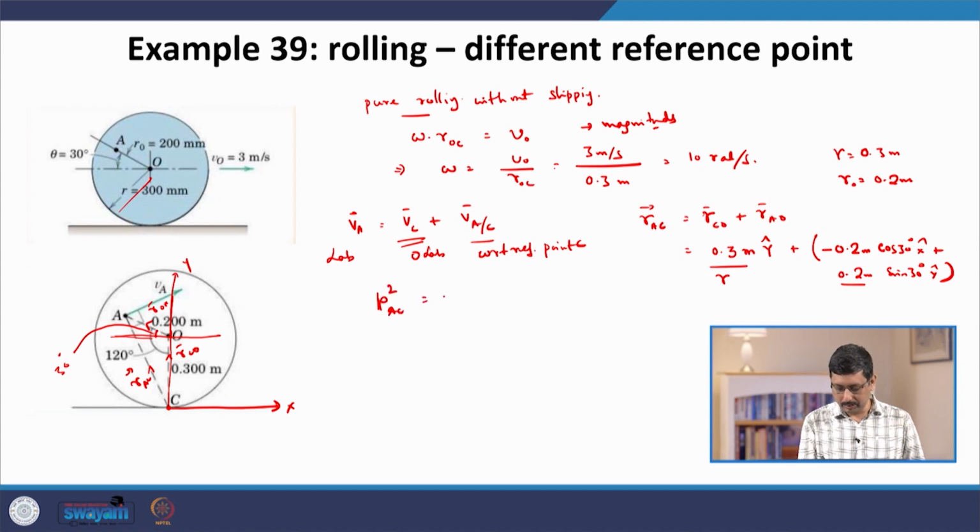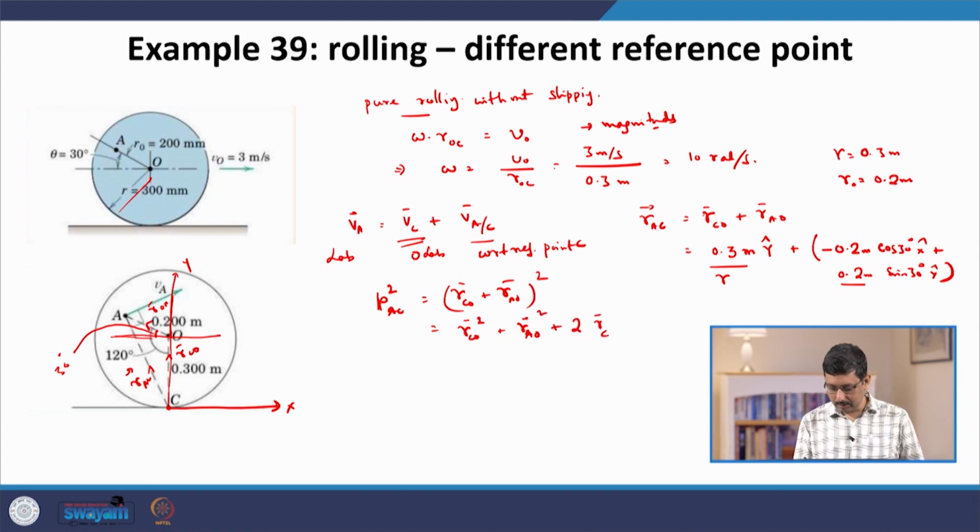squared will be RCO plus ROA squared, which is RCO squared plus ROA squared plus 2 RCO dot ROA.